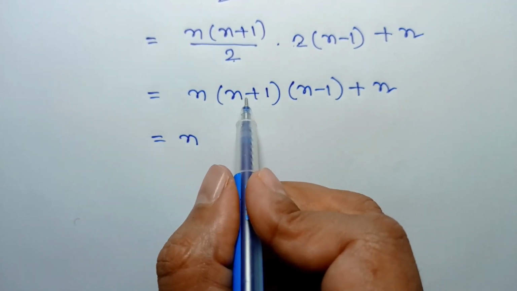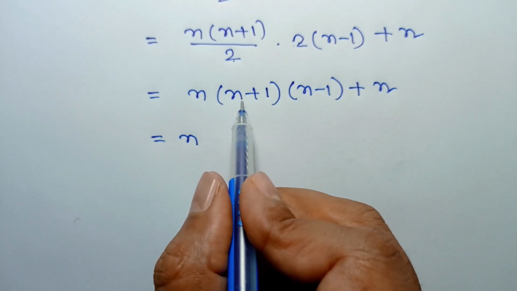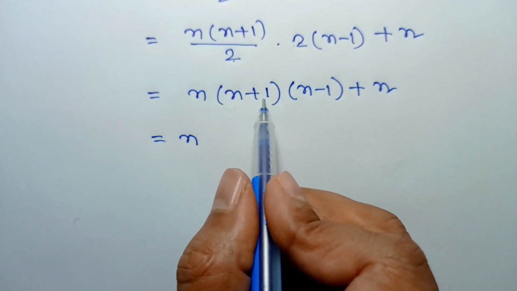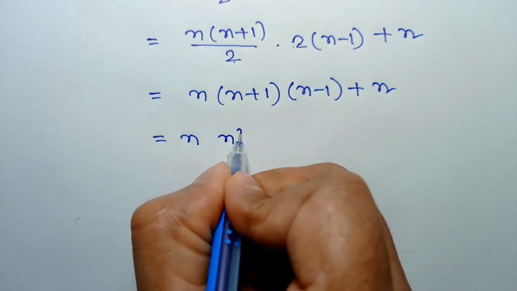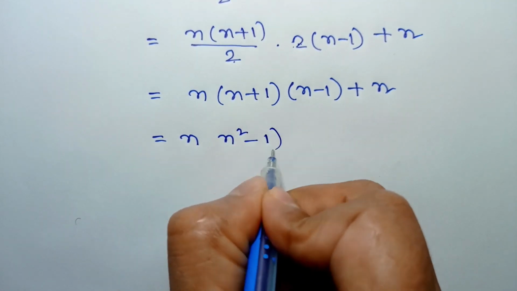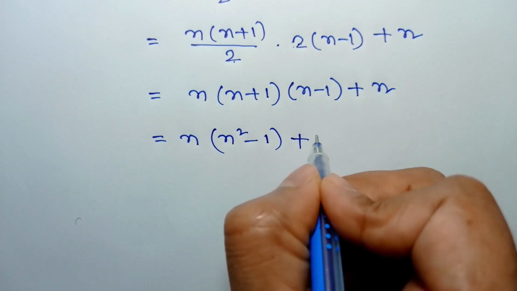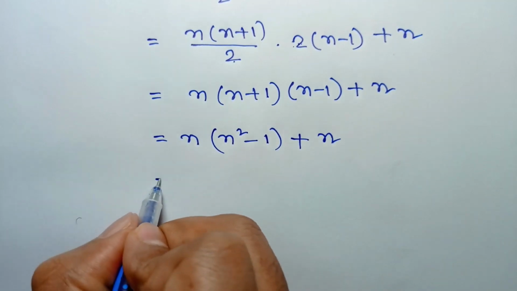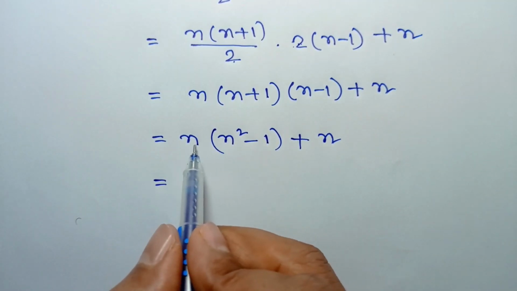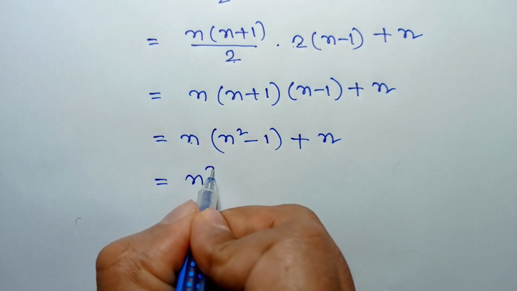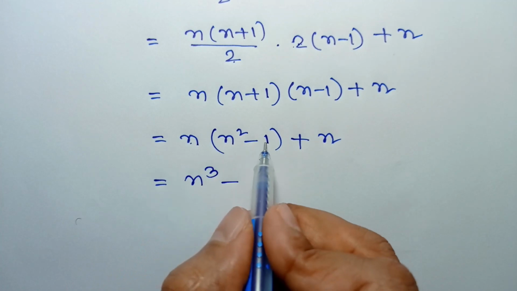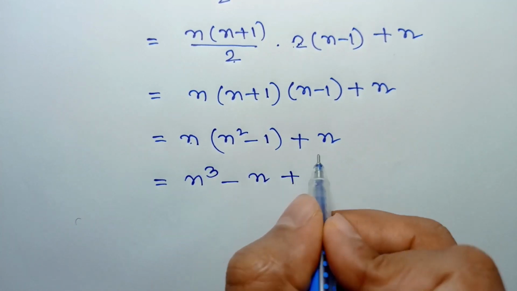Applying the formula (a+b)(a−b) = a² − b², we can write it as n² − 1², so n(n² − 1) + n. Multiplying these terms, we can write n times n² is n³, minus n times 1 is n, plus this n.